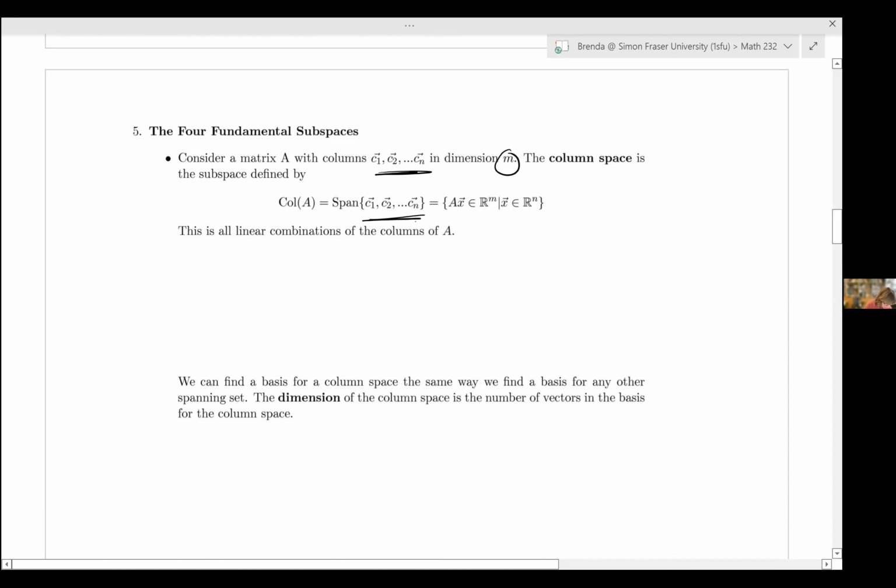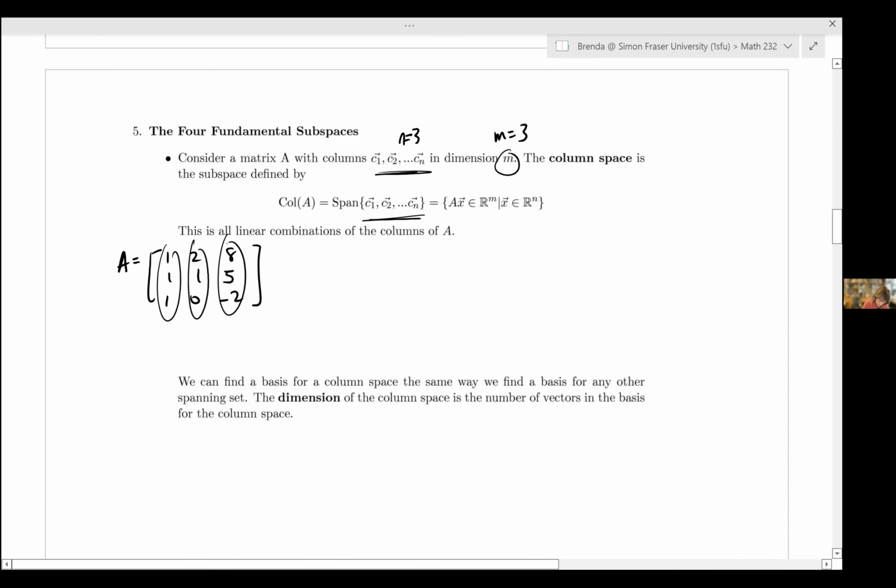Let's just take a look at this as an example. We'll take the matrix A, looking like this: 1, 2, 8, 1, 1, 5, 1, 0, -2. There's a matrix. It is a 3 by 3 matrix. So in this case, n is going to be 3 and m is also going to be 3. There are 3 columns.